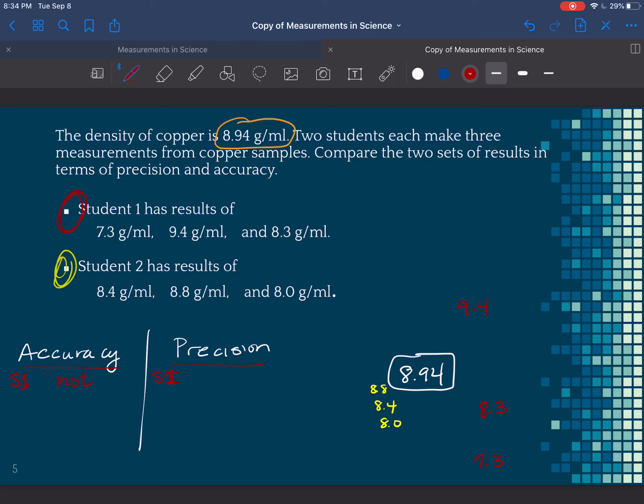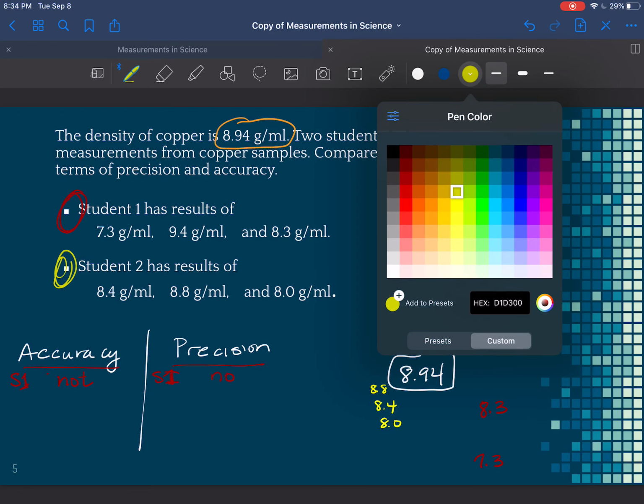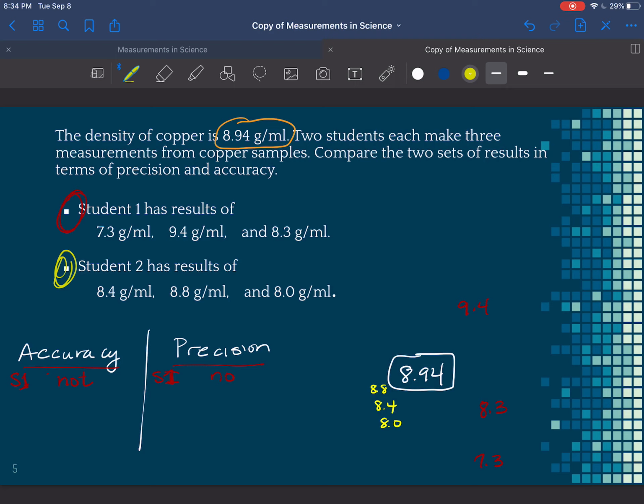Was student 1 precise? Were these 3 measurements close to each other? No. Again, they're not. But if we look at student 2 and we evaluate for accuracy, are those measurements close to the target? Well, yeah, they're a lot closer than student 1. And if we evaluate them for precision, how close are they to each other?